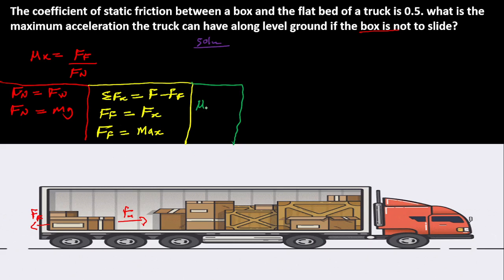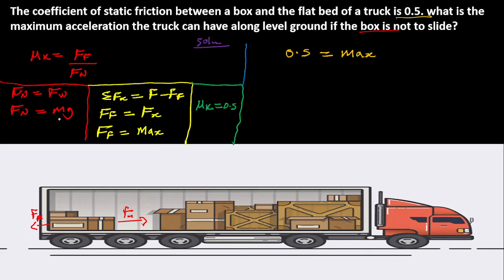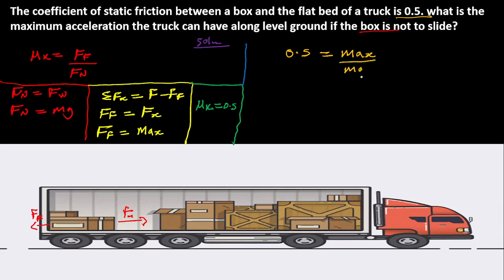So let me quickly replace that. The coefficient of friction is 0.5, like we have seen from the question there, which should be equal to the friction force, m ax, over the normal force, Fn, which is simply equal to mg.